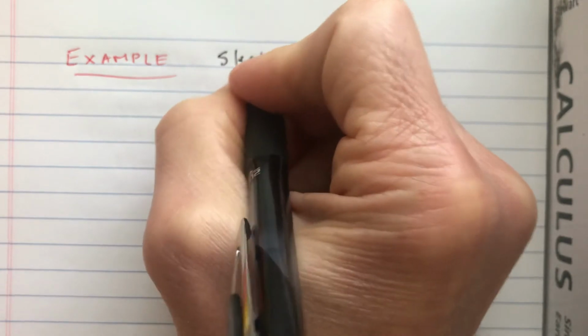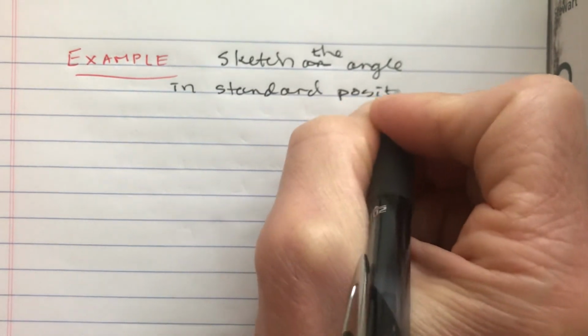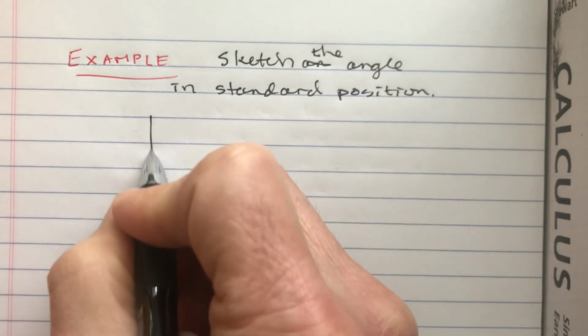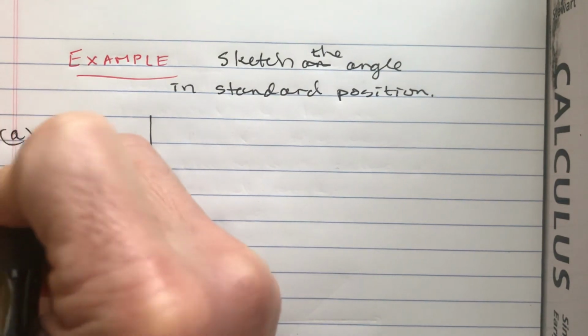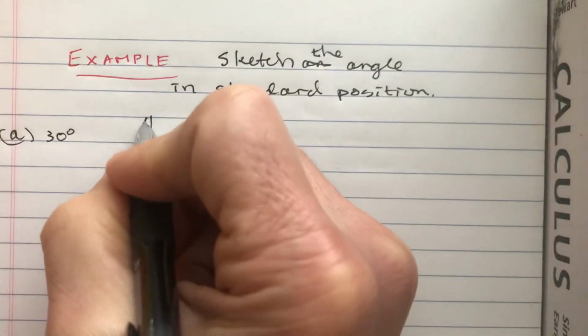Okay, so let's do an example where we sketch some angles. Standard position means that the initial side lies along the positive x-axis.